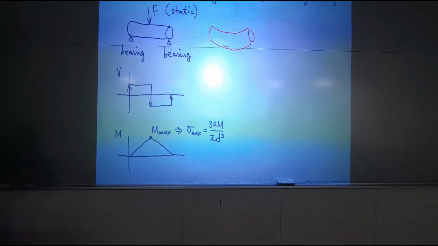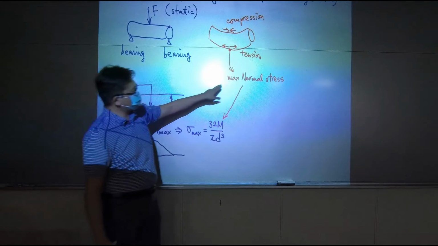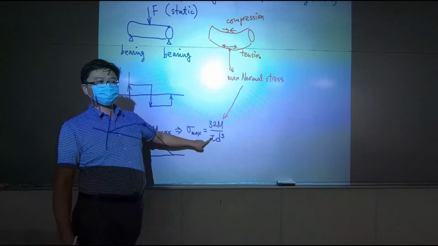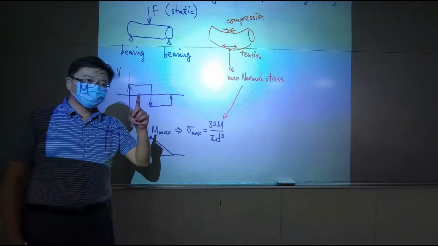And over here you have tension, and over here you have compression. So you can say right here is where you have the largest normal stress, and the magnitude of this normal stress is this one. You can calculate this.